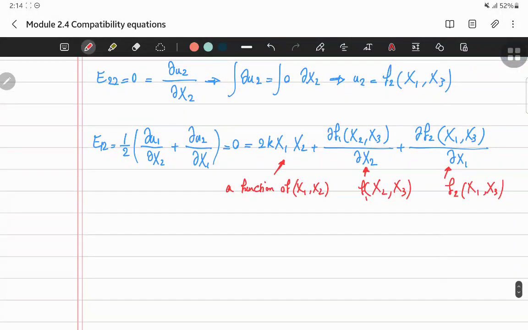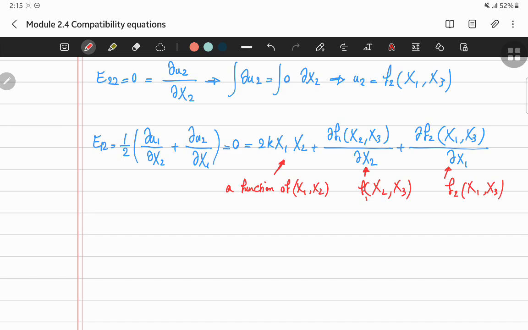So we have an expression here, which is a function of x1, x2, x2, x3, and x1 and x3, and it is equal to 0. Also, the trivial solution is 0, 0, 0 for all these terms. So this is 0, this is 0, this is 0, and all the displacements are 0. But for a non-trivial solution, you can see that this does not exist.